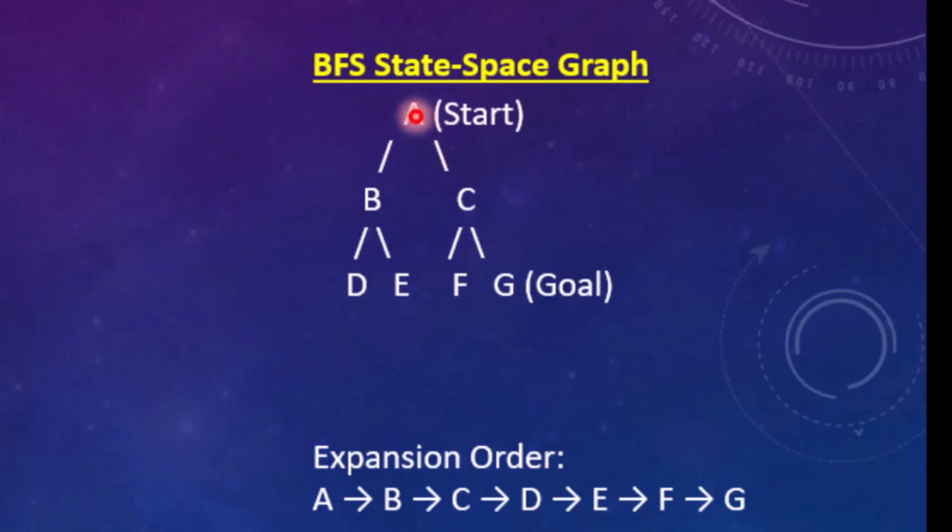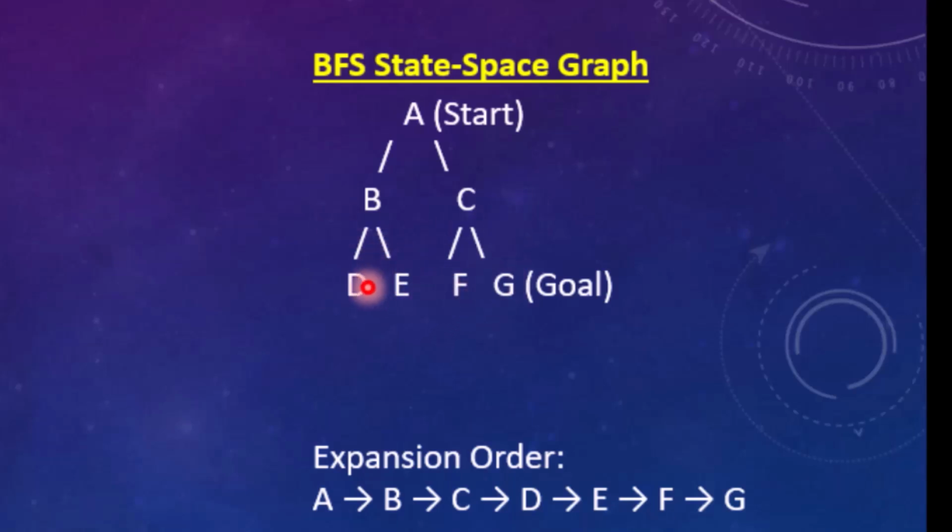So it starts from A, then branches to B and C, then goes to B, branches to D and E, then comes to F and G. It cannot go back to C because it has already visited C before. So the path will be A, B, C, D, E, F, G.